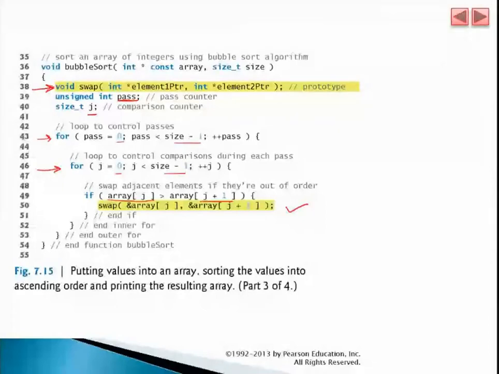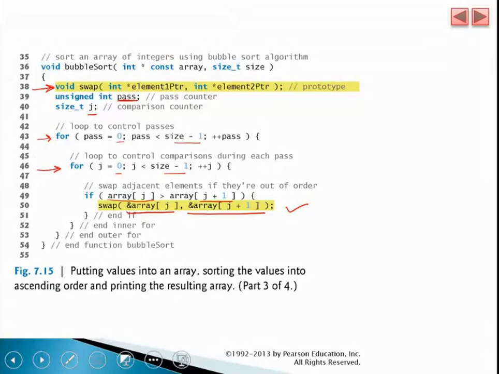We want swap to actually modify the elements of the original array. Now, if we would like to do that, we have to pass the address rather than simply the array with the subscript. Rather than the elements, we have to pass the address of that element.